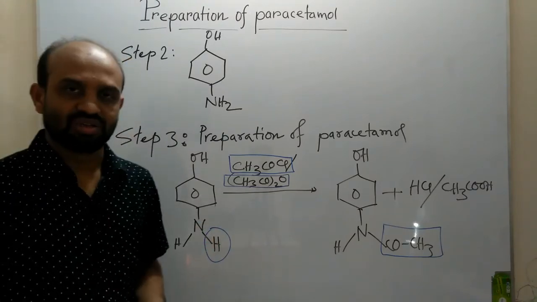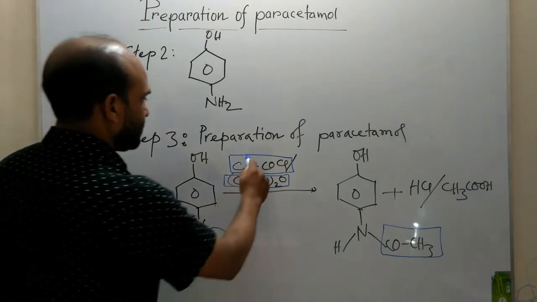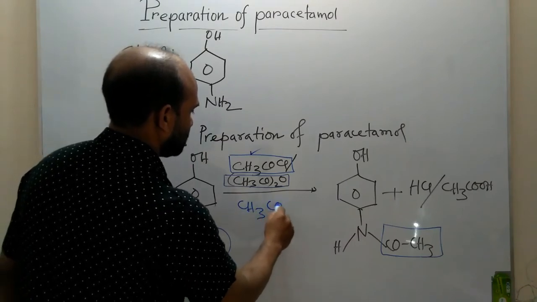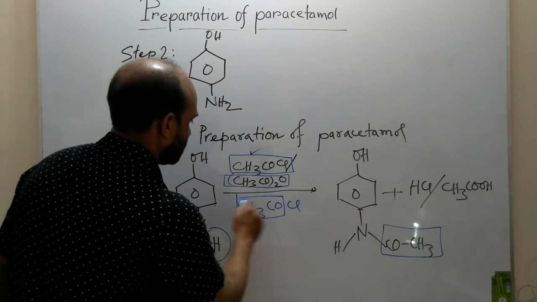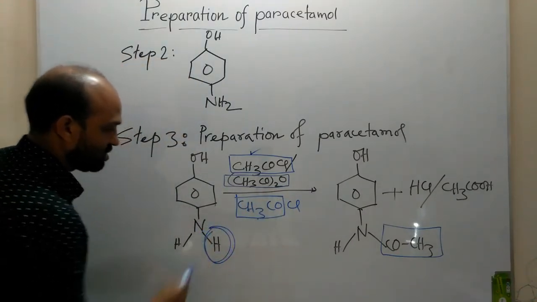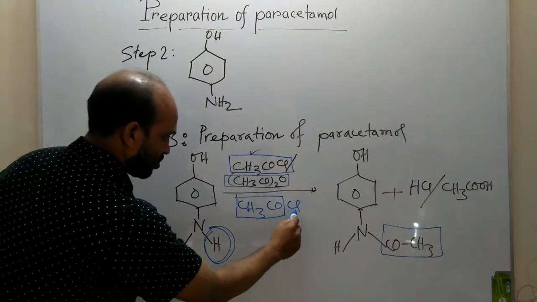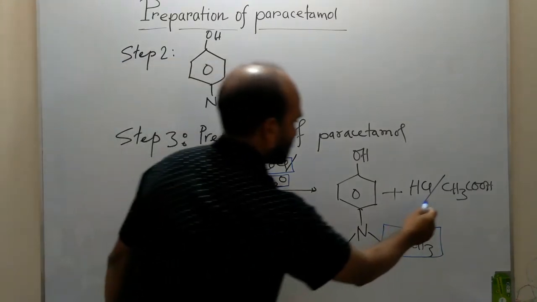How this reaction happens? Let's see the simple mechanism. If it is acetyl chloride, CH3COCl, this portion replaces this hydrogen here, and this chlorine combines with a hydrogen and forms HCl.